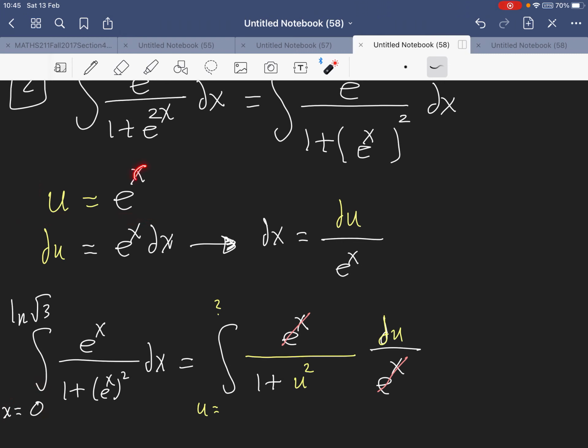I will get e to the power 0, which is 1. So I will start from u equals 1, because if I substitute 0 here, I will get 1. The next one, you substitute ln square root of 3. ln and e will get cancelled, so we get square root of 3.